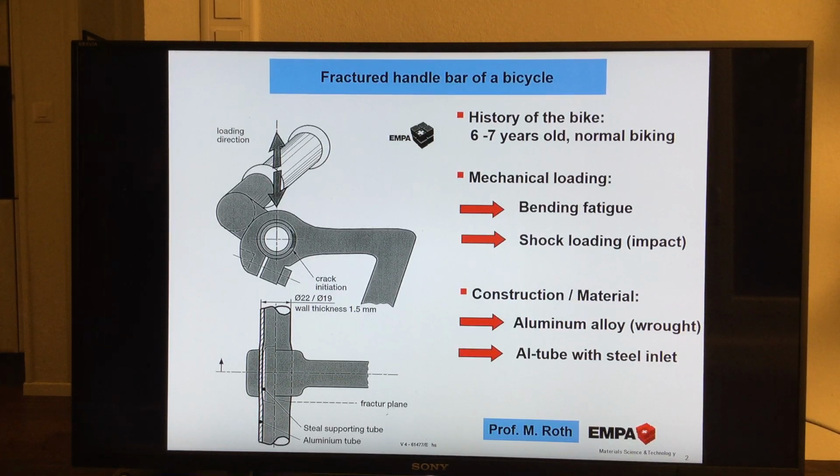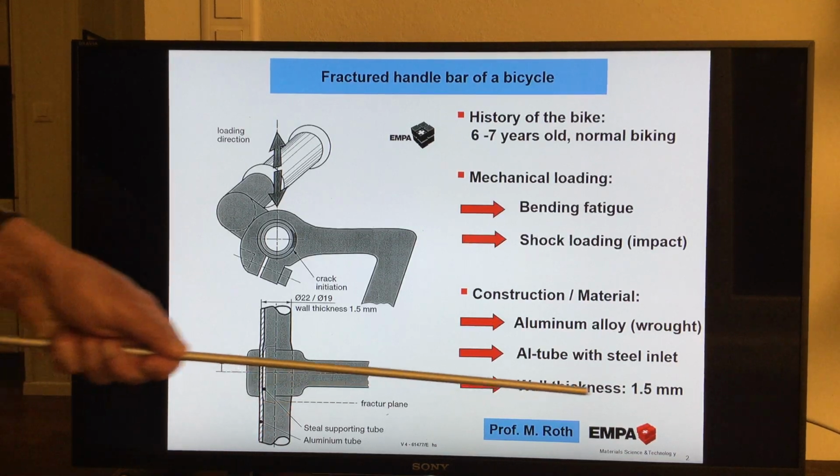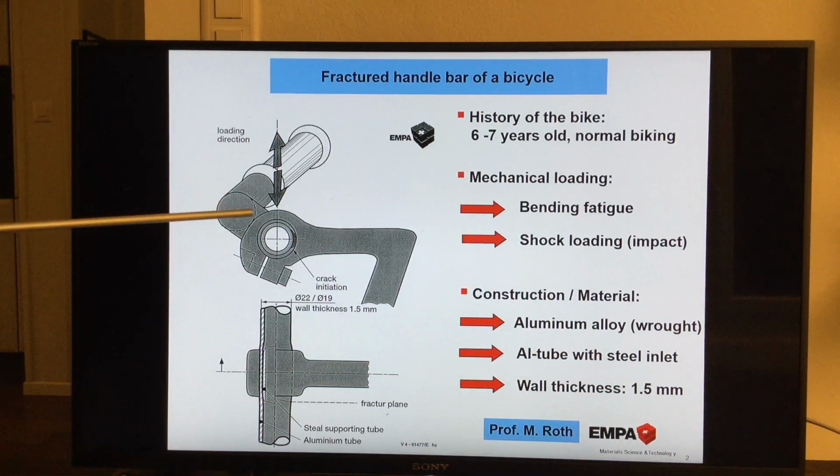That is one part. Another part, which we already see here, of course, is a jump in the stress from here to here. Here is a much bigger diameter due to the construction, and here is less diameter. So a jump in the stress is an additional factor we have to keep in mind. What we also have to keep very much in mind, and we come back to this at the end, is the wall thickness of this aluminium tube.